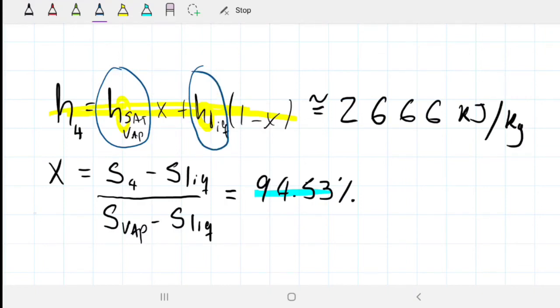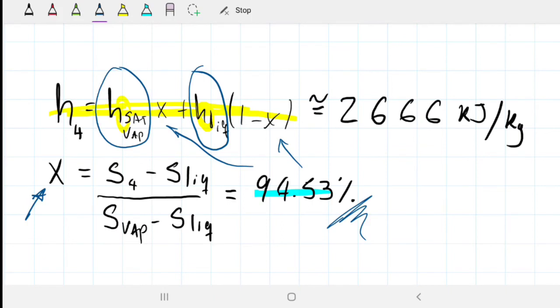The quality we don't have, but since we have entropy, we can use that, right? So we have the value for entropy, we have S liquid, we have S vapor, so I got the quality to be 94.53%. Once you have that value, you can plug it in there and solve for enthalpy, and I got approximately 2,666 kilojoules per kilogram.